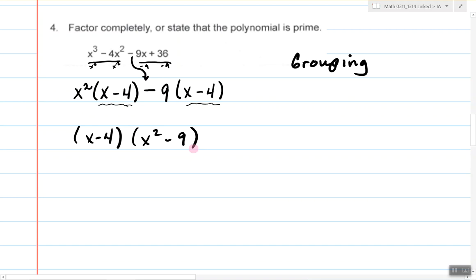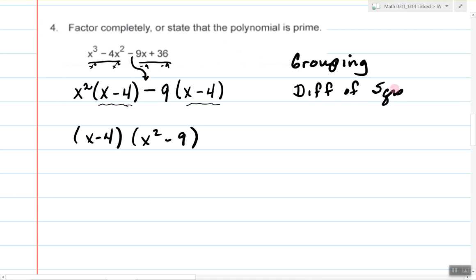Now when we did the lesson on grouping, that's all we ever had to do. But look at what you've created. A binomial factor that cannot be taken any further, but a binomial factor that happens to be the difference of squares.